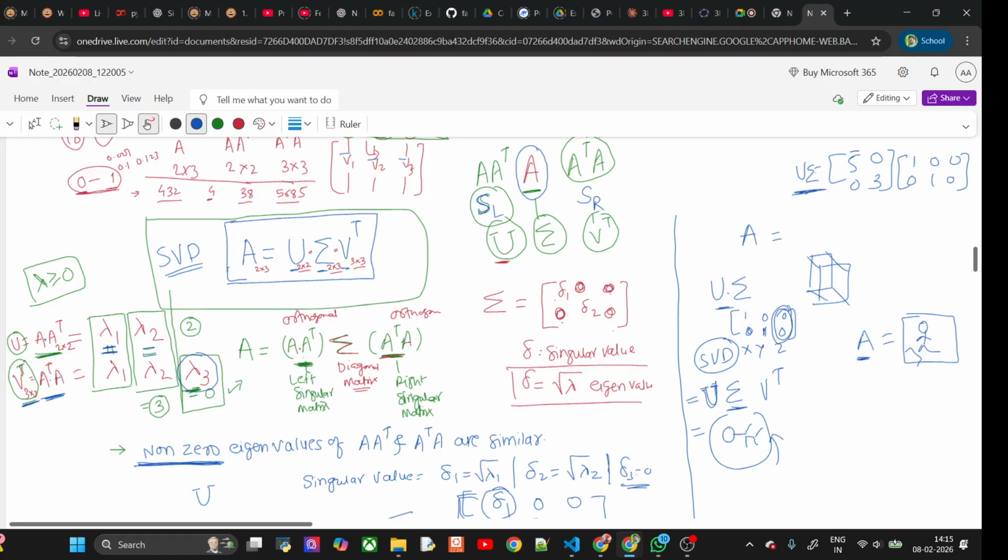So 5 is along the x-axis, so I am stretching the person's face like this, and 3 in the y direction. This is the x direction and this is the y direction. So I am making it large. With this multiplication, and once that is done, v transpose once again rotates it back to its original shape.